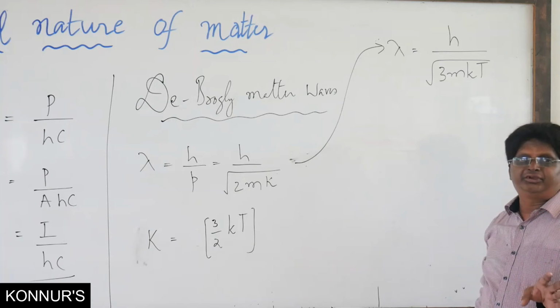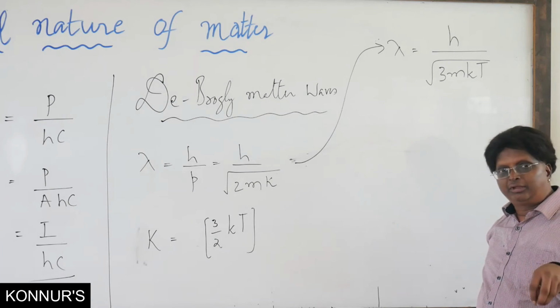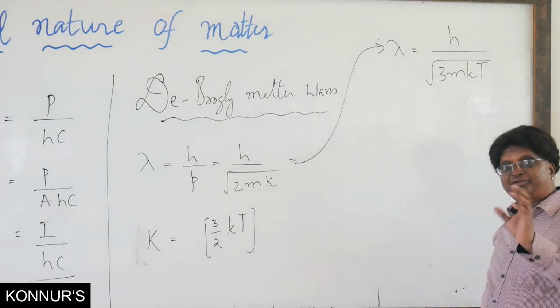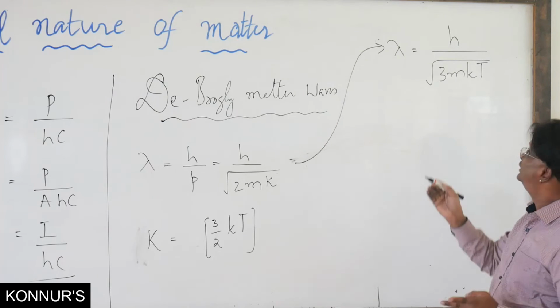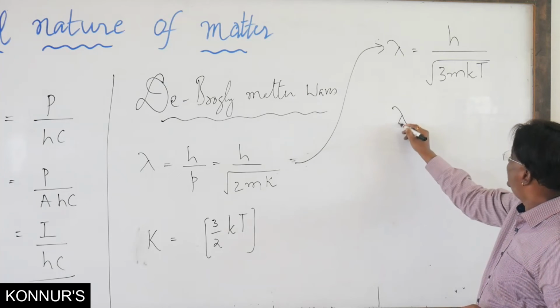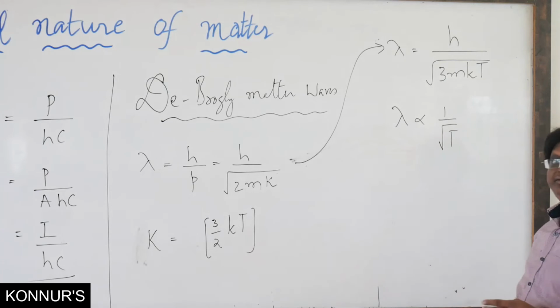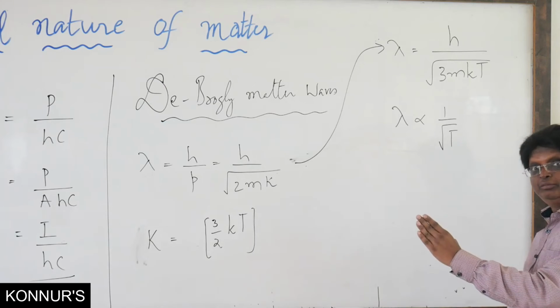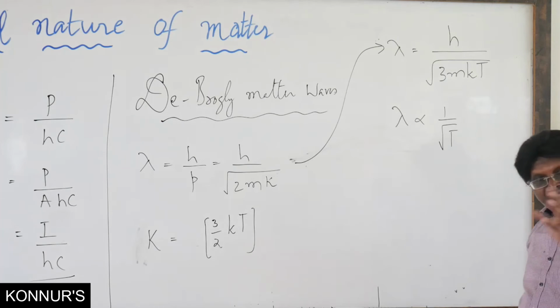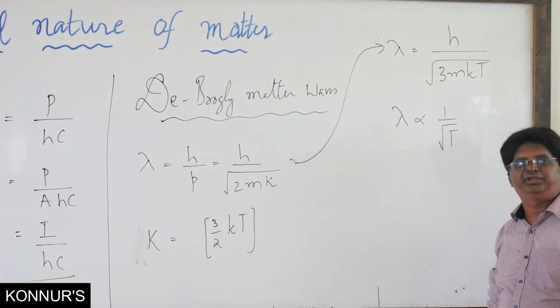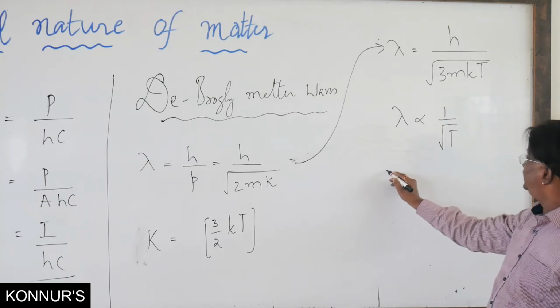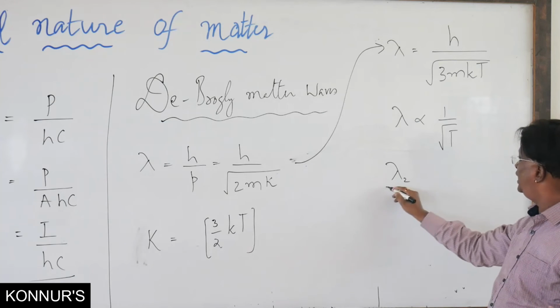Now most of the times, when a gas molecule is given, instead of asking for calculation, the important conclusion is that lambda is proportional to 1 upon root T. This is how questions will be asked: for the given wavelength, what should be the temperature, or for changes of temperature, what will be the change in wavelength. So lambda 2 by lambda 1.